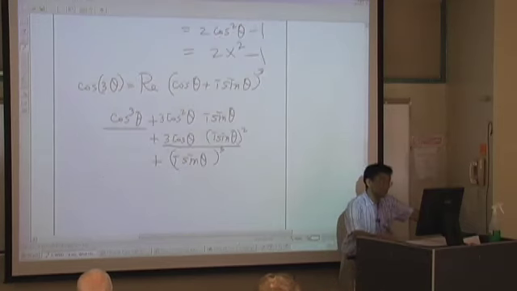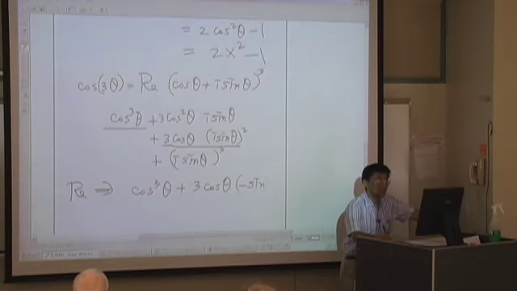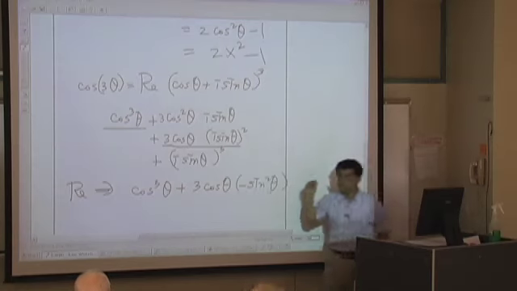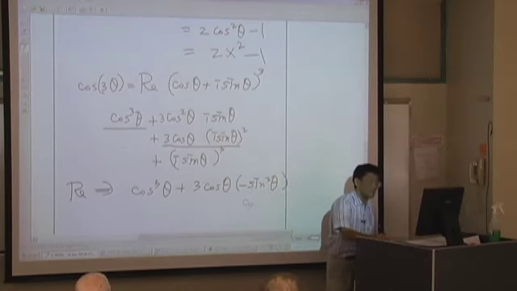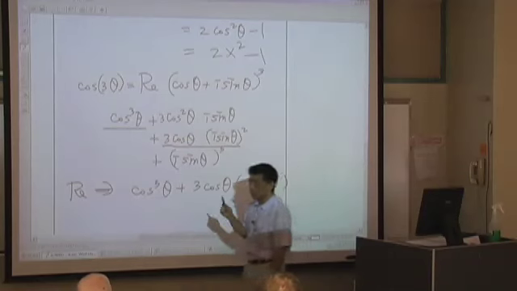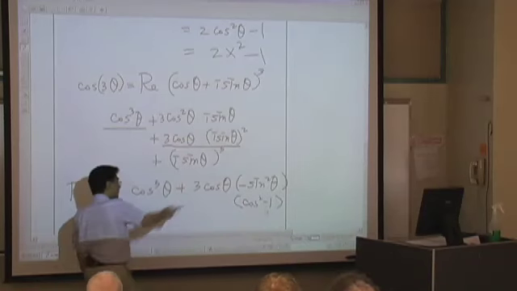So the real part is cosine cubed theta plus 3 times cosine theta, and then this squared is minus sine squared theta. So minus sine squared theta can be converted to what? Cosine squared theta minus 1, right? Because sine squared theta is 1 minus cosine squared, we can convert it.